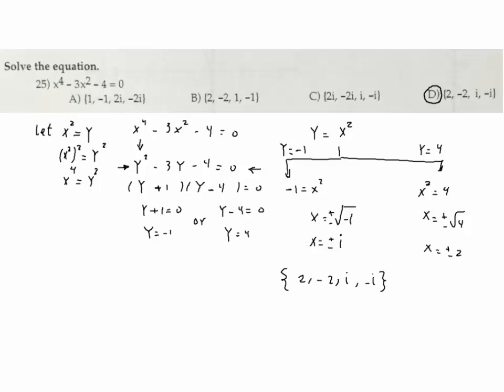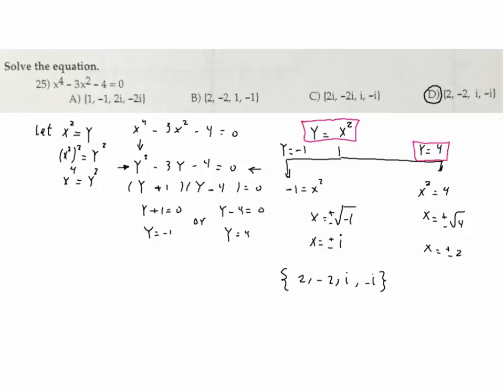Okay, are there any questions so far? Yes. Okay, I just got lost just a little bit when it comes to filling y back into x. So once we find y, we have to plug it back into the original equation. Yes.